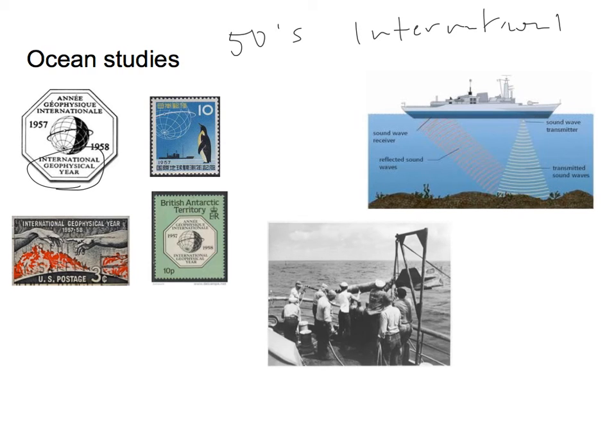There's a lot of emphasis or interest in mapping the ocean in ways that it had never been mapped before. Why do you suppose there might have been a lot of interest in mapping the ocean following World War II? Is it because submarines were a thing now? Yeah, submarines were a thing. The ocean depths were of interest militarily, commercially, scientifically. We had new technologies.